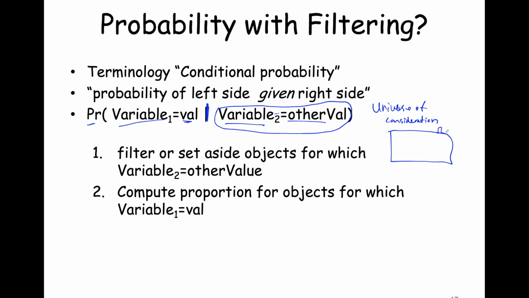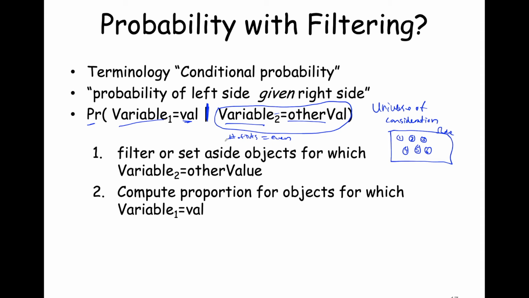Let's say it's sample space omega for a die, and my universe of possibilities is 1, 2, 3, 4, 5, and 6. And if I said, given that, for example, the outcome, the number of dots, is even, I set aside and eliminate from consideration those that do not satisfy my condition, which is this thing on the right-hand side of the condition bar.